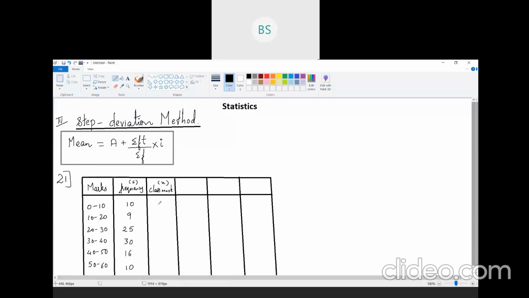So here we will get 0 plus 10 by 2, that is 5. So here 30 by 2, 15, and so on. 25, 35, 45, and 55.